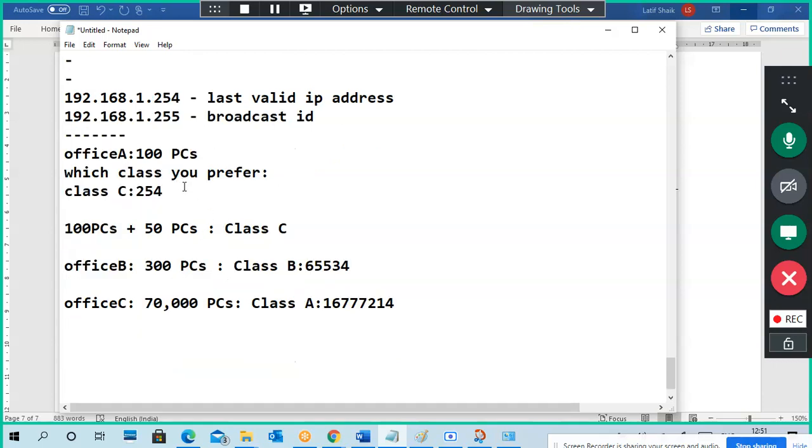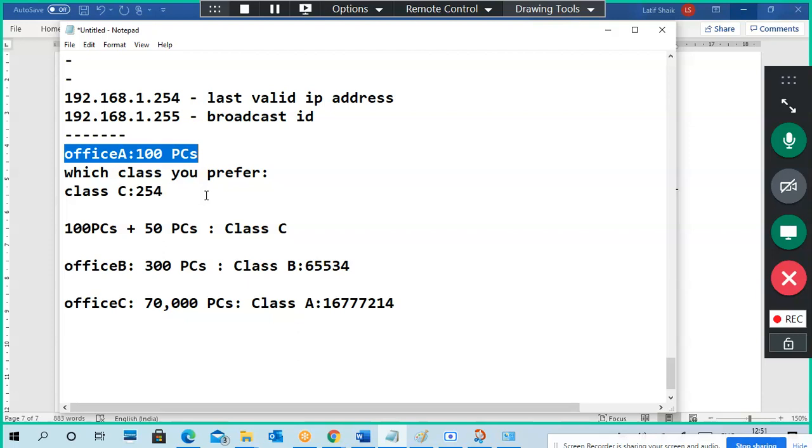Here I took some examples. Based on the devices in your organization or a single network, what class do you prefer? You have to select the class based on the size of your network, meaning the number of devices in the same network.